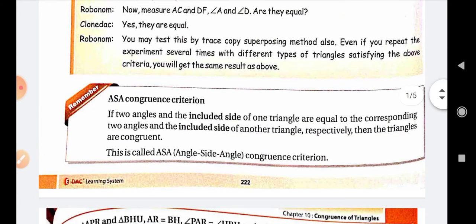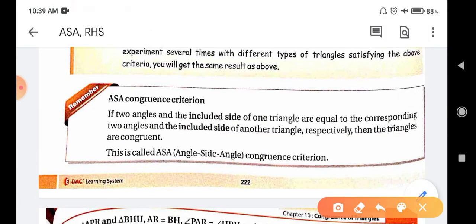Firstly, we will discuss what is the meaning of the ASA congruence criterion, and how triangles are congruent by using ASA.